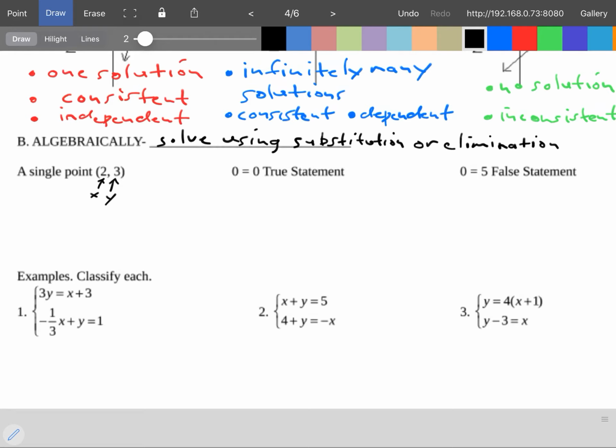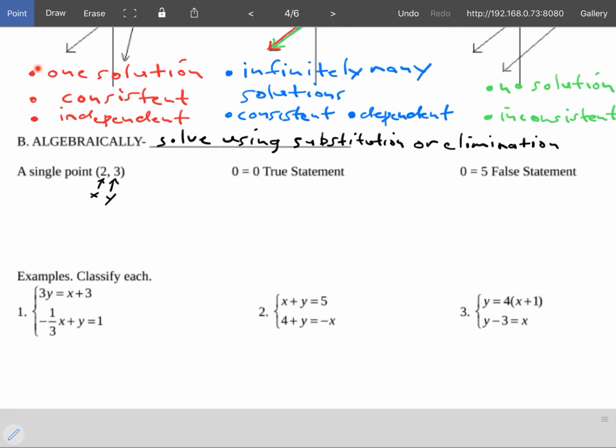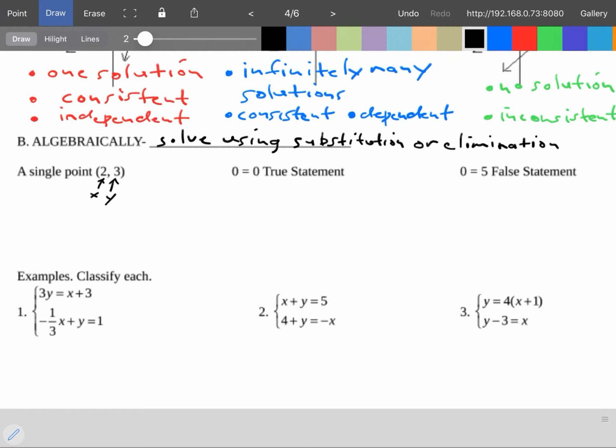Then you can see that that's the case that we have up here, right above it. So if we get one solution, then it's consistent, independent. I'm just going to write down one solution, okay? I'm not going to rewrite all those again. So there's one solution.